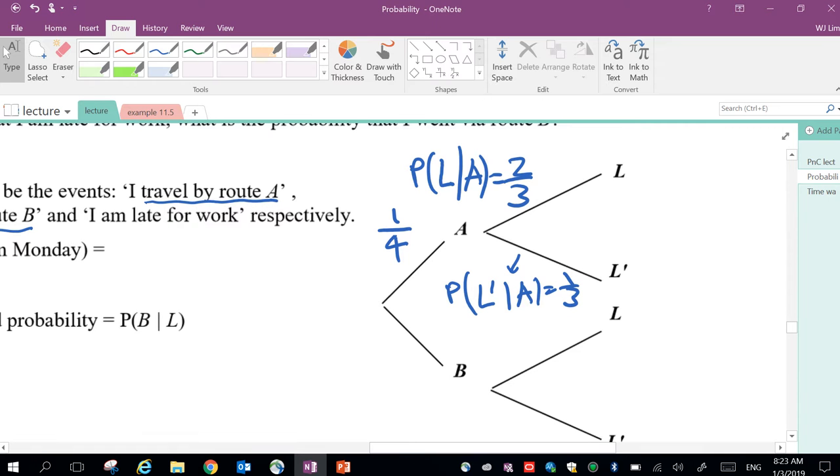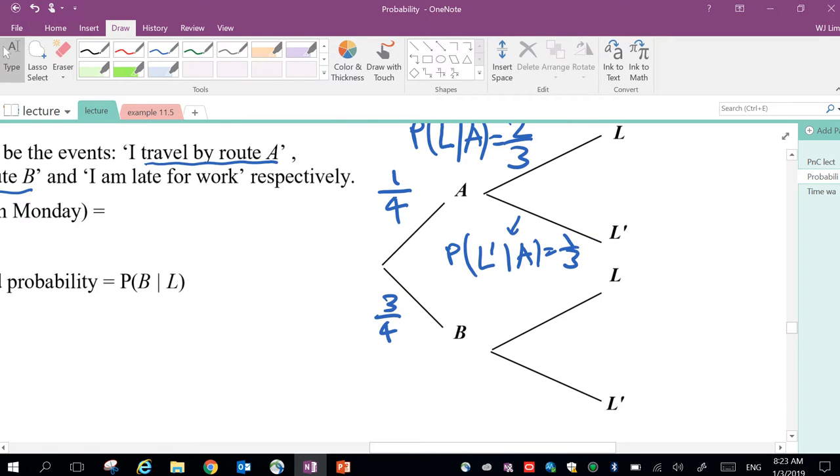Let me zoom in bigger for you. If I travel by route B, the probability will be 3/4. This would be probability L given B, which would be 1/3, because if they travel via route B, late for work is 1/3.